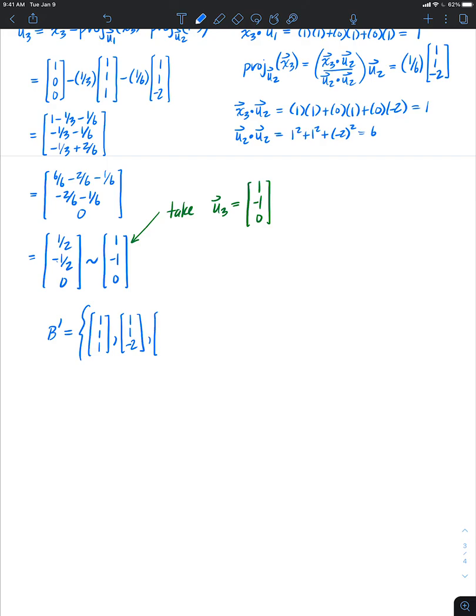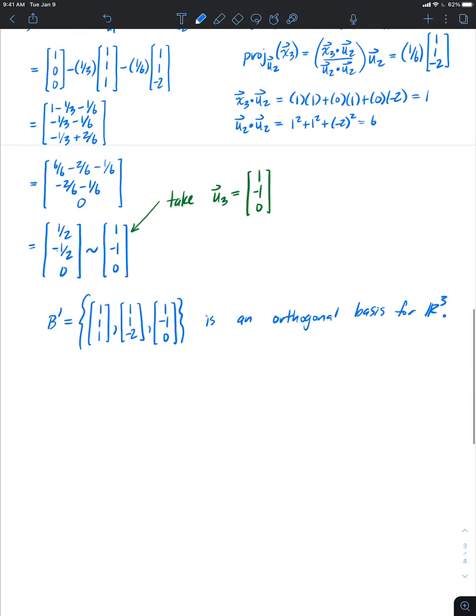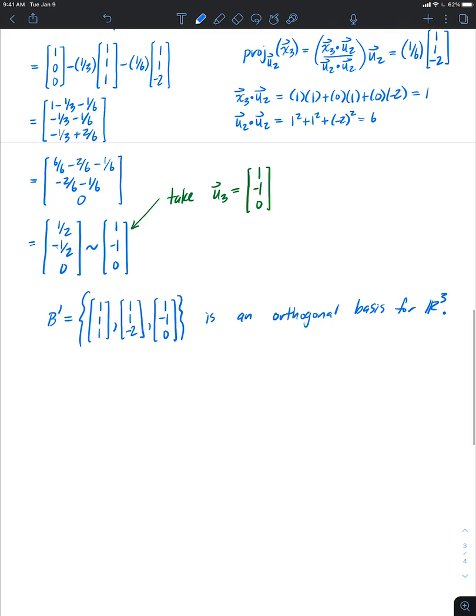And then our third vector was 1, negative 1, 0. So that is an orthogonal basis for R3. And that is the end of part A. So now that's the Gram-Schmidt process applied to turn a basis into an orthogonal basis.